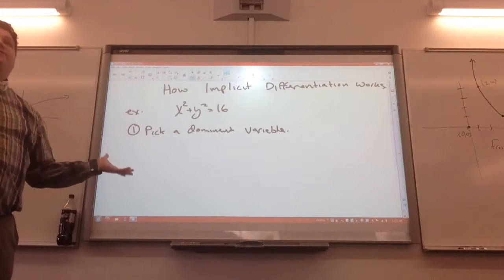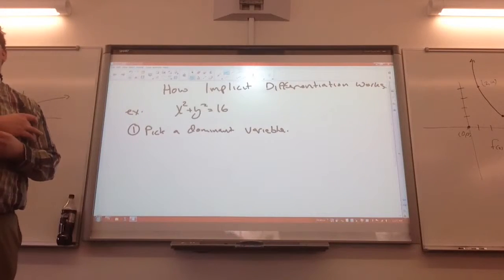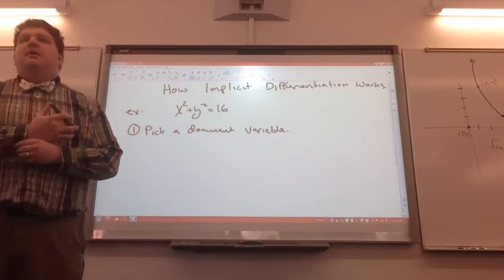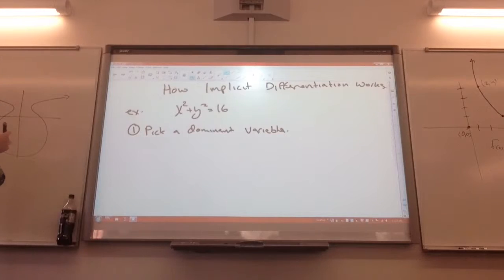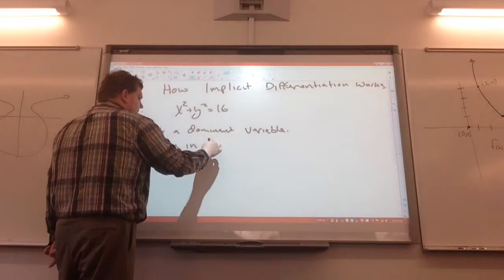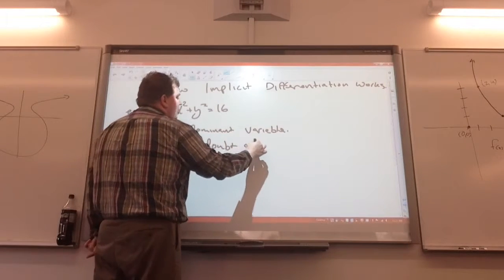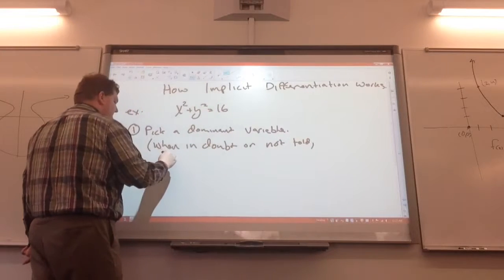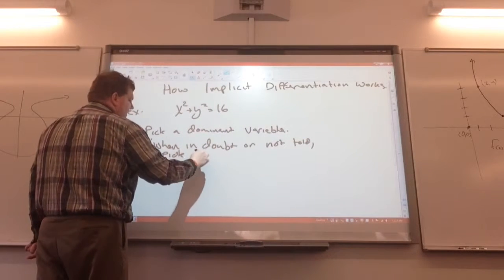Now, you can change things up here. You can technically pick any variable to be the dominant one. But again, 90% of the time, it's given to you. When in doubt, just be safe and always pick x to be the dominant variable. Or if it's a problem involving, like, a physics problem, pick time to be the dominant variable. So when in doubt, or not told, pick x.